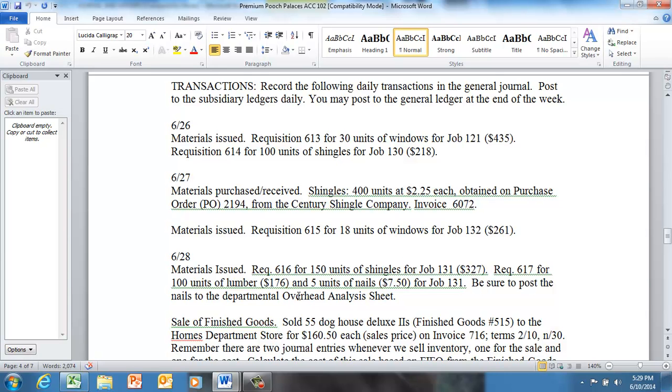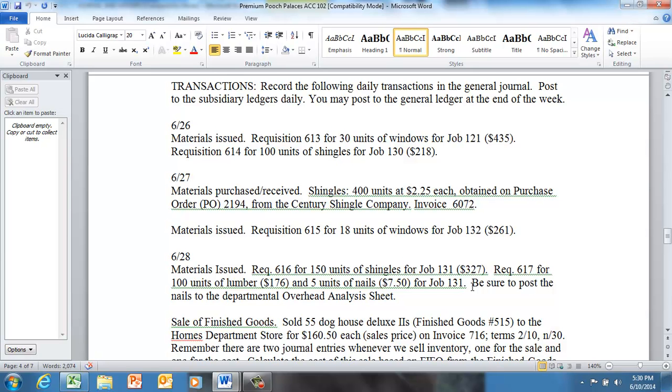Let's take a quick look at this down here on June 28th. We have requisition 617 for 100 units of lumber, $176, and 5 units of nails for $7.50. And those went to job 131. So when I go to put that on my journal entry, the lumber is a direct material. That means it goes into work in process.